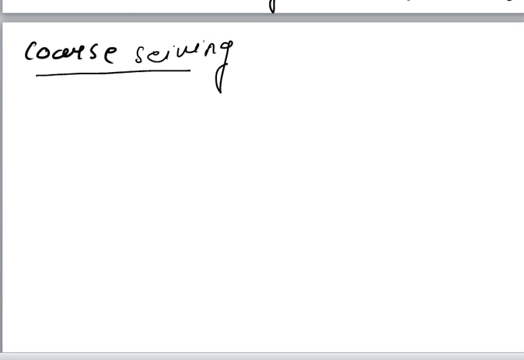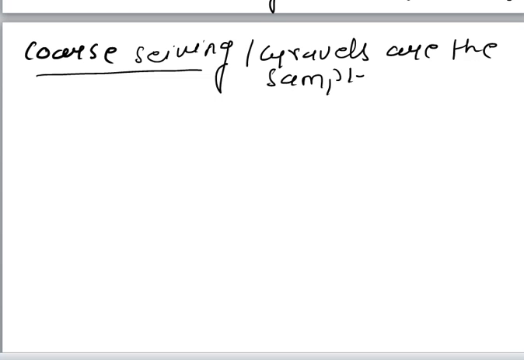As I have said, it is a mechanical method and it is done for gravel soil. Gravels are the sample size ranging from 80 mm to 4.75 mm, equal to 4.75 mm, because the particle size which are just equal to 4.75 mm are considered as gravel only.